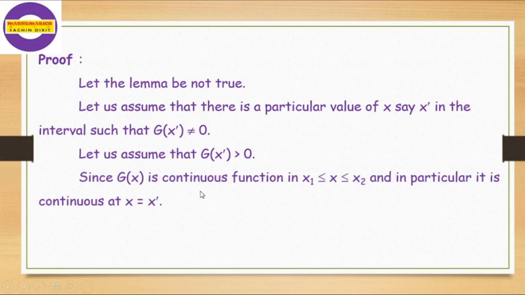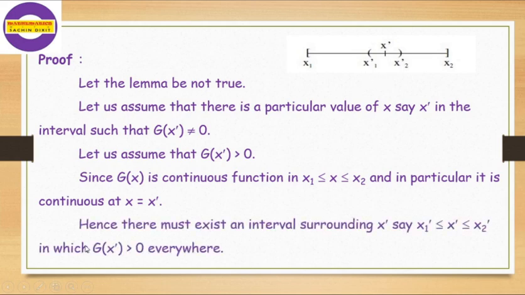Since g of x is a continuous function in x1 less than x less than x2, in particular it is continuous at x equal to x dash. That means, this is x1 and x2, this is x dash.